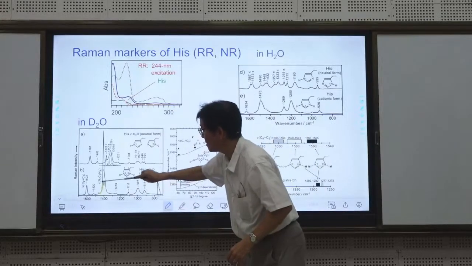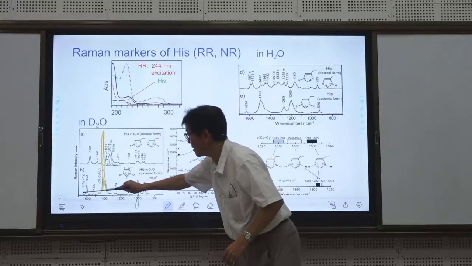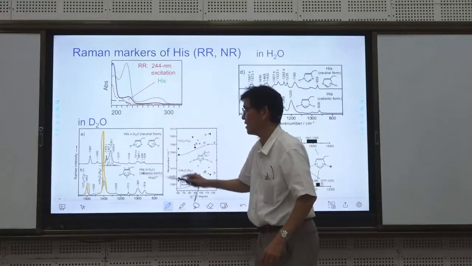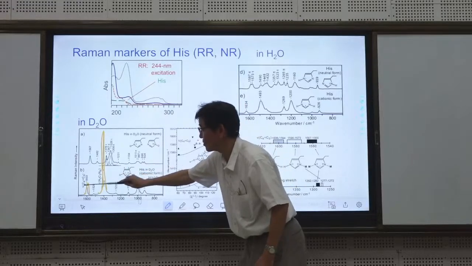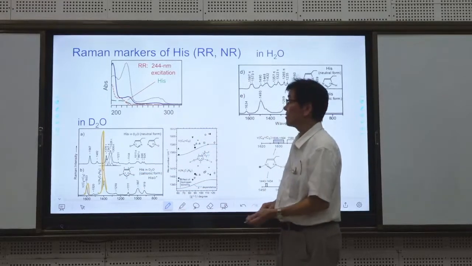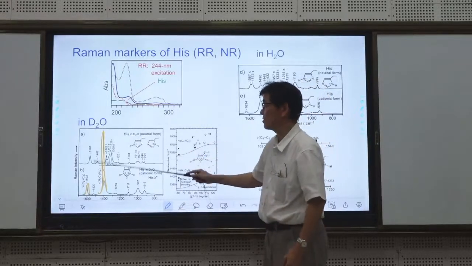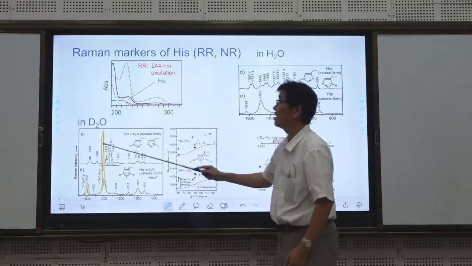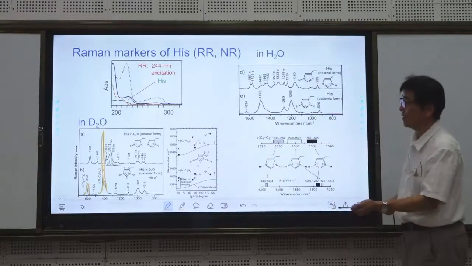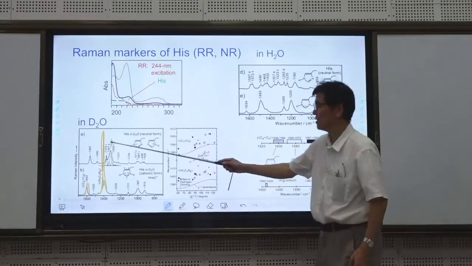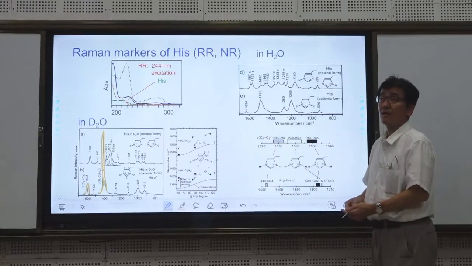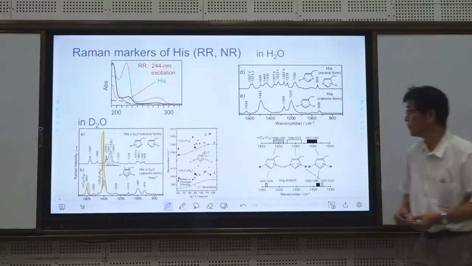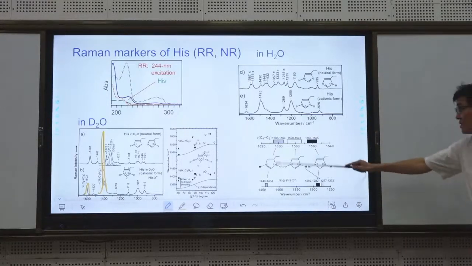Then a large peak of NCN stretching and CC double bond stretching appears. So this is also useful and detectable peaks of the histidine side chain. So practically, these two peaks are used for the structure analysis of the histidine side chain. If you can detect this, the table is very useful.